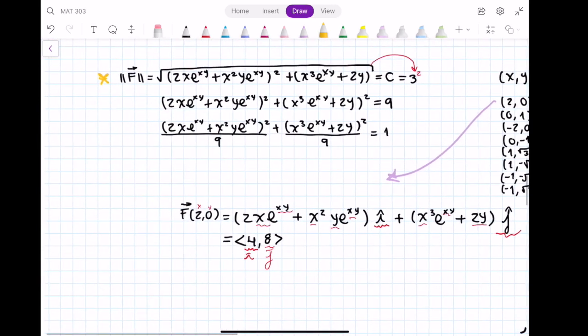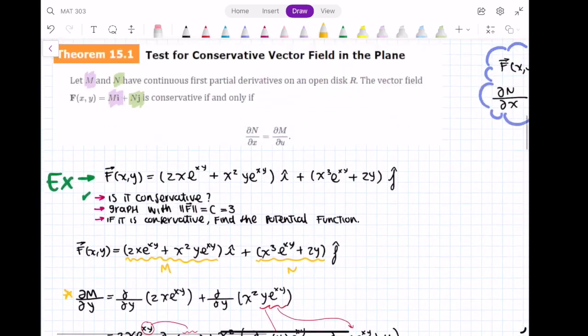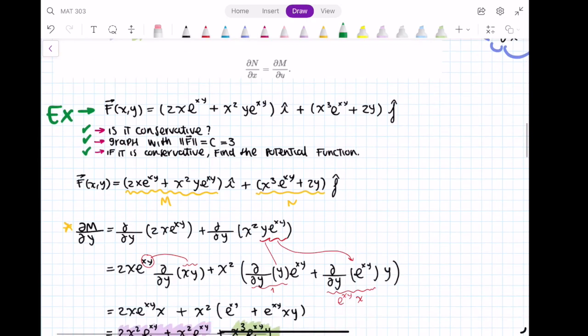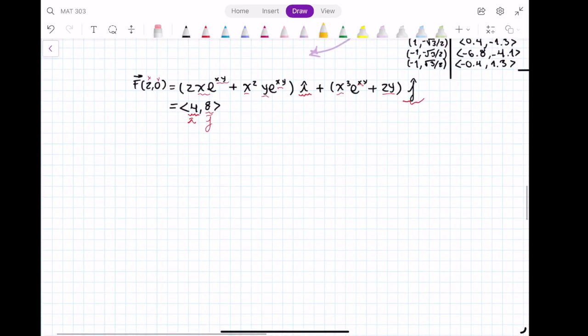Next in the list, we already did the proof of conservative, and we did the graph already. Now, if it's conservative, we're going to find the potential function. Let's do that. Okay, potential function.